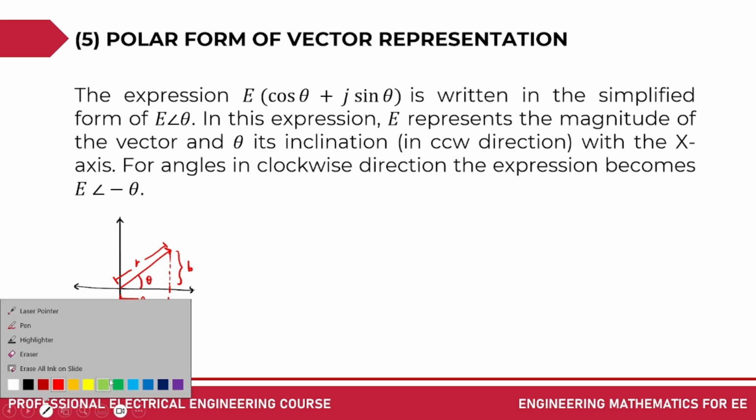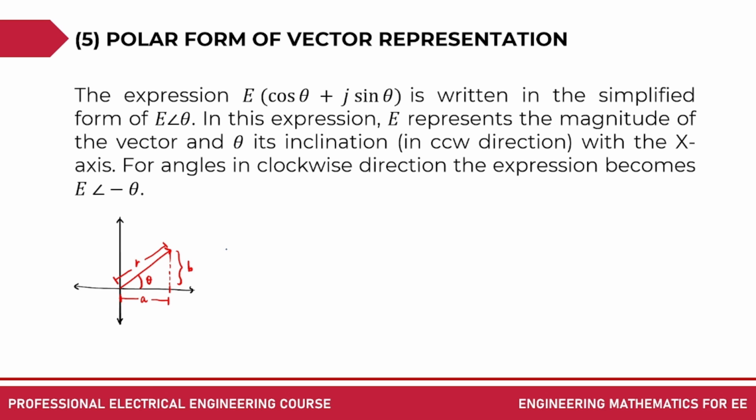To get that, we have R as equal to the square root of A squared plus B squared, and the theta as the arctangent of B over A.